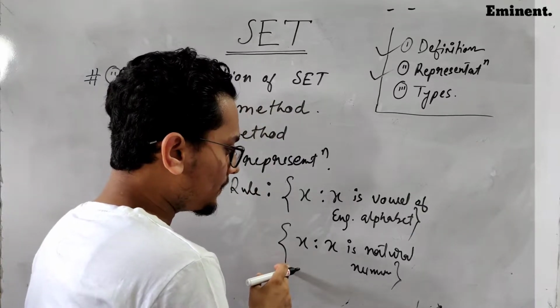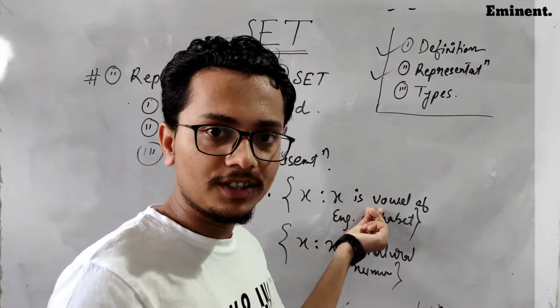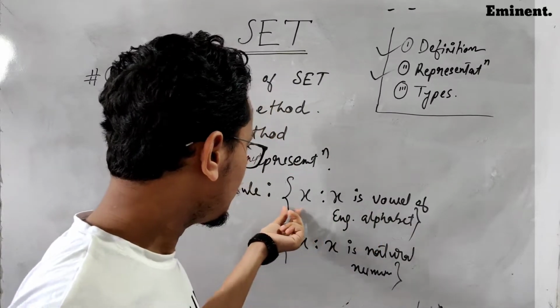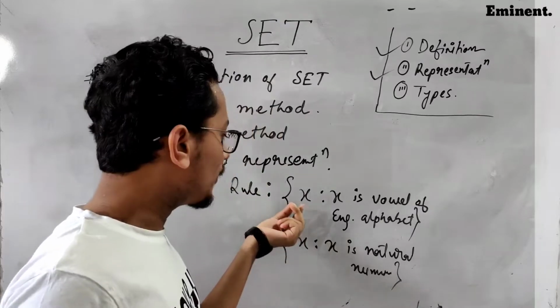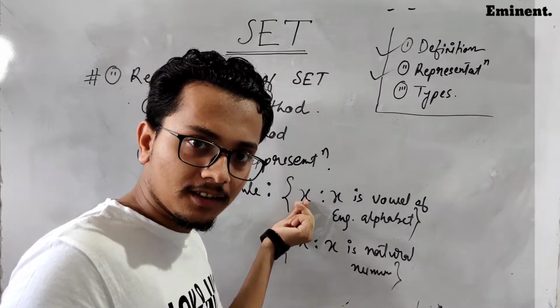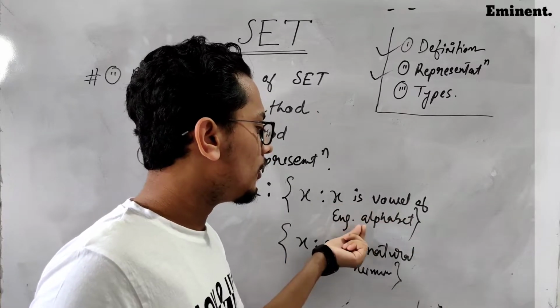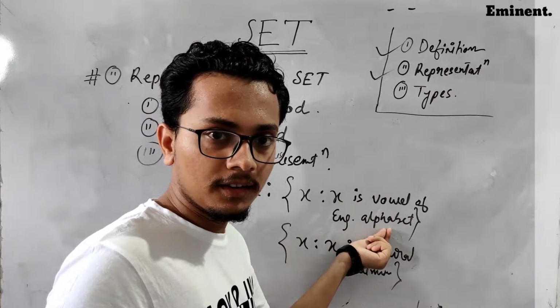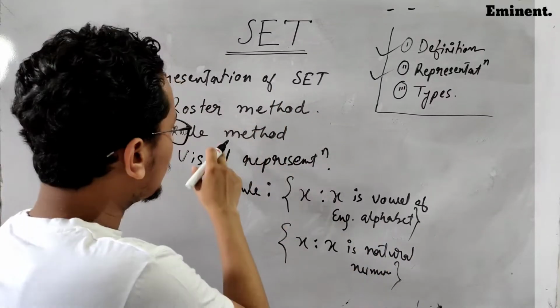Exactly, within the curly brackets, just write the property of your set. And here it is a set which contains element X, such that X is a vowel of the English alphabet. Understood what exactly the roster method and rule method are?